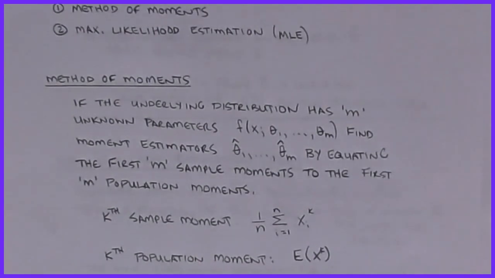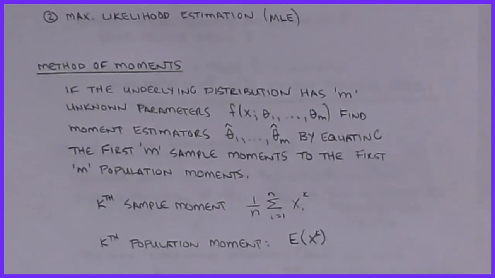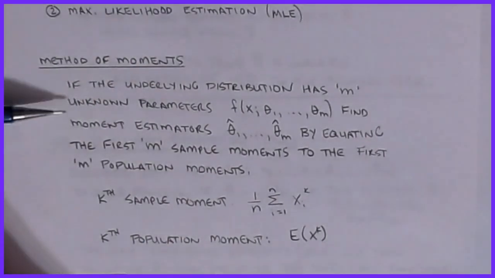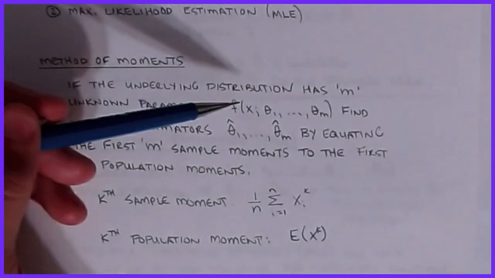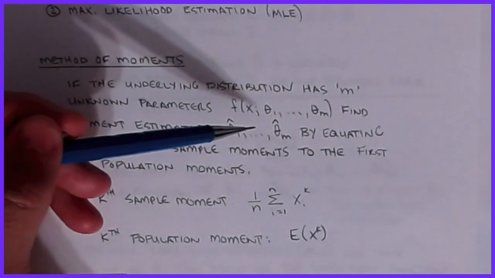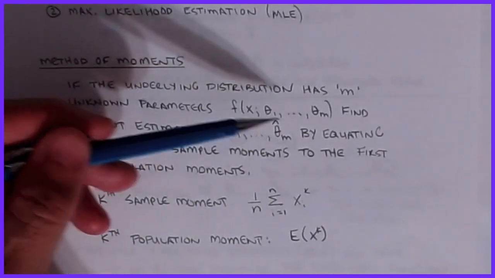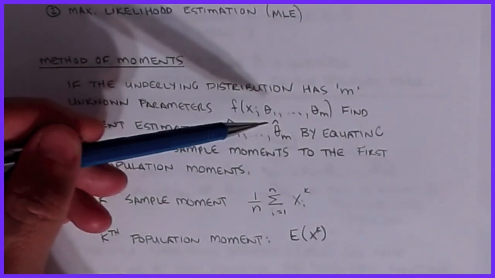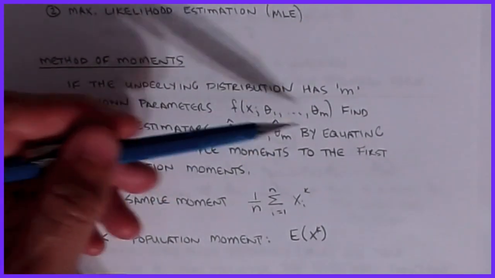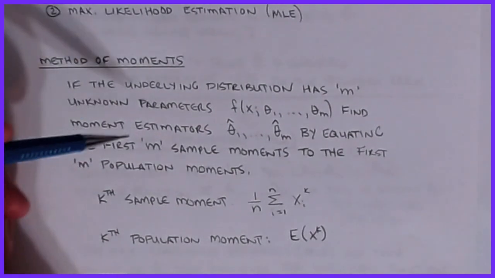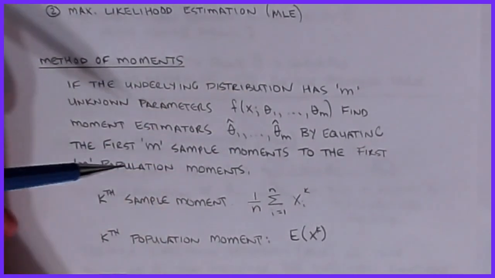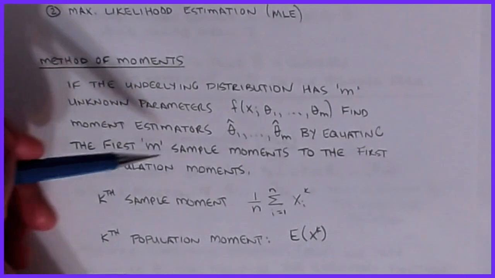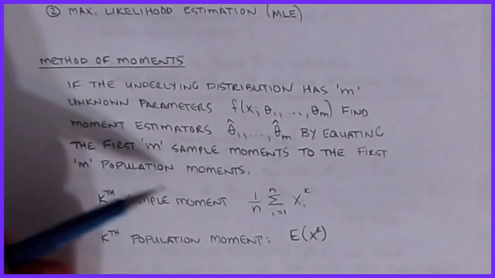All right, so the first one we're going to talk about is the method of moments. Okay, and so the requirement for that is that if the underlying distribution has m unknown parameters, meaning that our PDF f of x has up to m parameters, which we're going to call theta 1 all the way up to theta m as being parameters of the population, then we can find moment estimators theta 1 hat all the way up to theta m hat by equating the first m sample moments to the first m population moments.